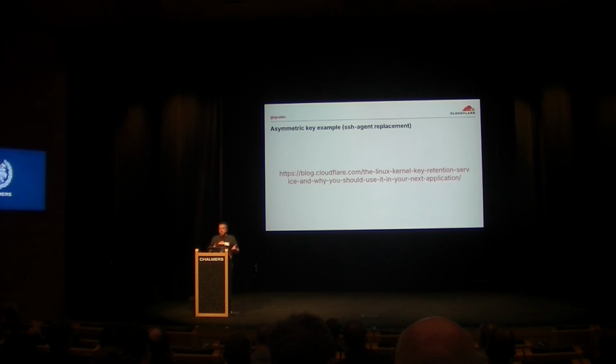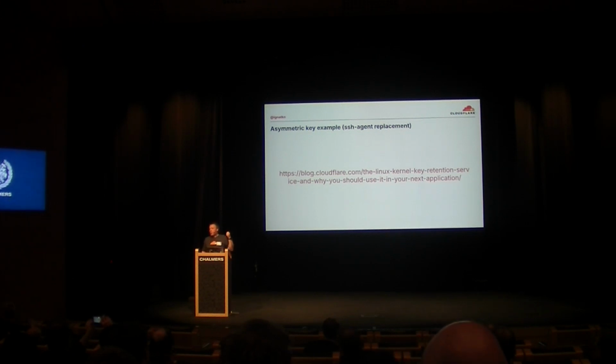So you literally have the same user experience and security as when you run an agent, but you don't need to have an agent. And you can improve it by actually restricting what processes can access this key, so you can have the proper security around it.